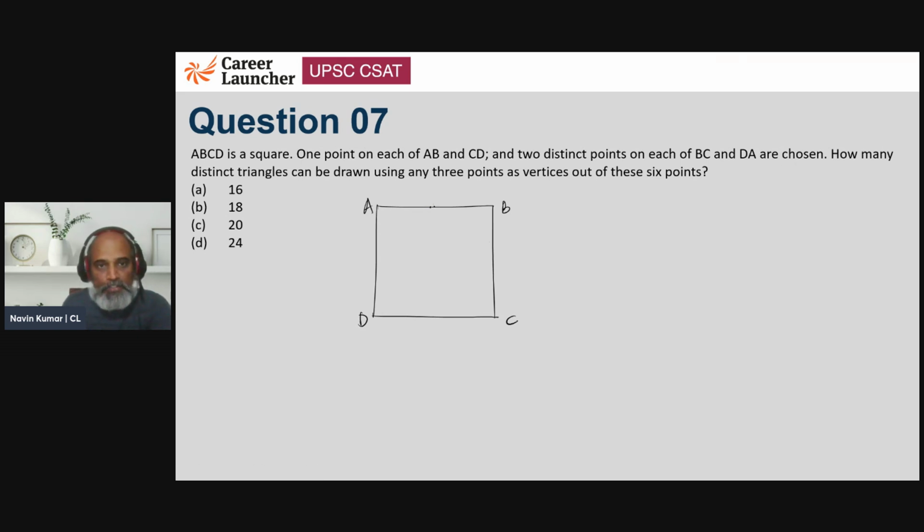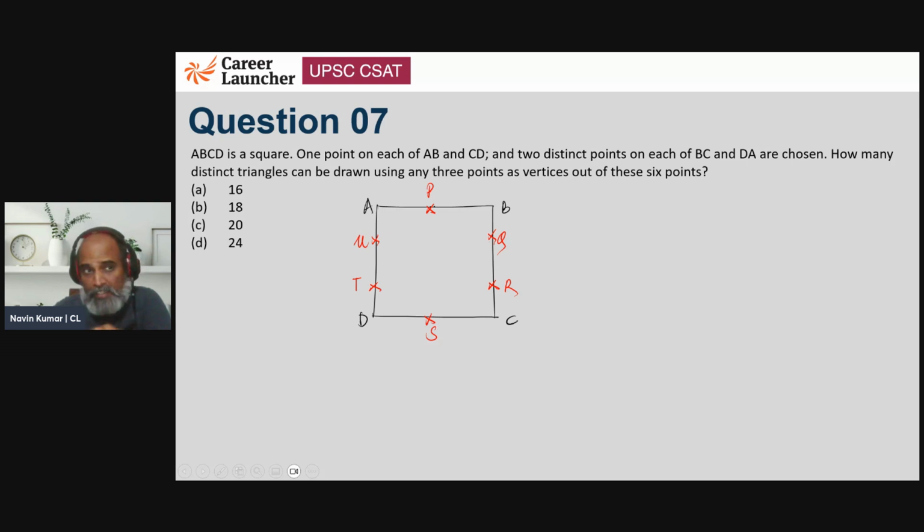So I will use a different color so that there is no confusion. Okay. And I'm going to make it symmetrical, but I will definitely name them as P, Q, R, S, T, and U. So the question I asked is, how many different triangles we can form using these red colored 6 points?